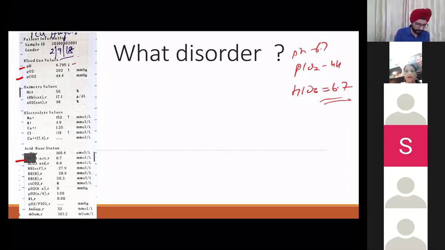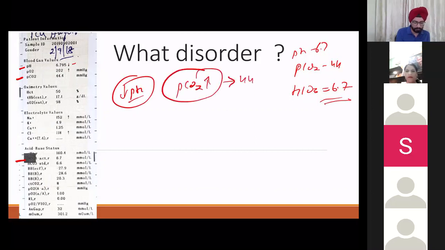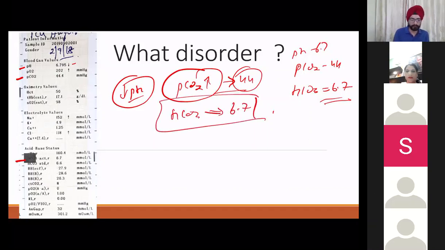Sahaj is correct. Why? Because look at this. The pH is going down and PCO2 is going up also. So remember our baseline value for PCO2 is 40. So definitely there is respiratory acidosis going on, plus bicarbonate is also going down, right?